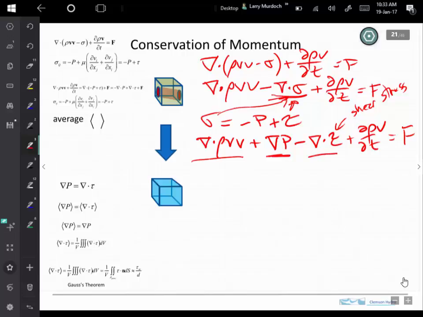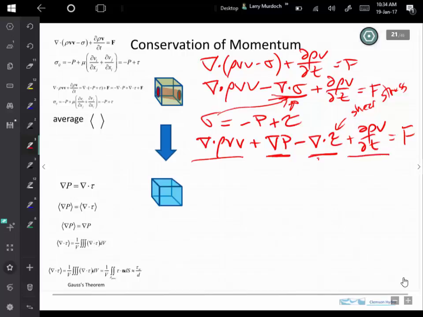This is the divergence of the shear. As it turns out, what that's going to be is how the energy is dissipated within the shear from viscous dissipation. So this will be viscous losses within the fluid.